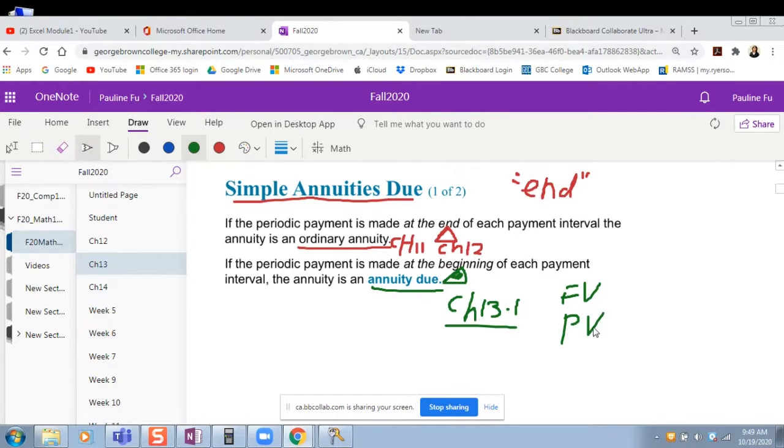You can use the same method to find N, find the interest I/Y, and even find the PMT. Exactly the same methodology. You need to enter 4 numbers in order to find the 5th number.